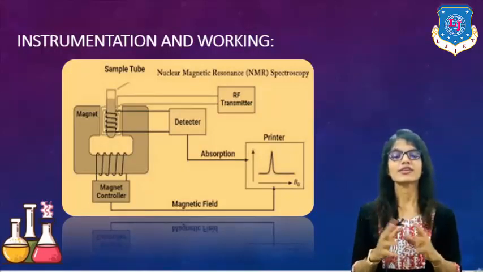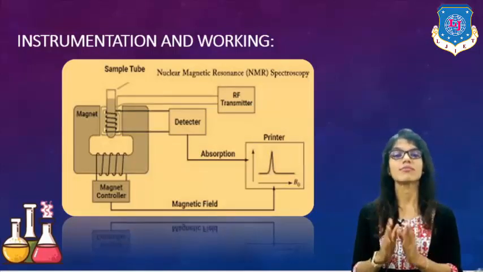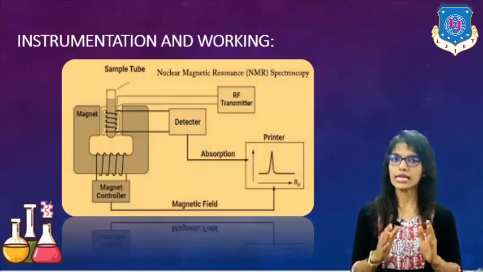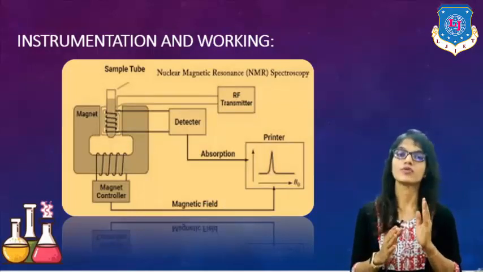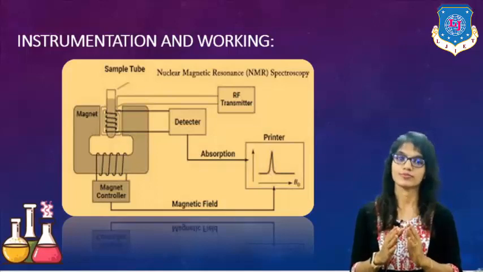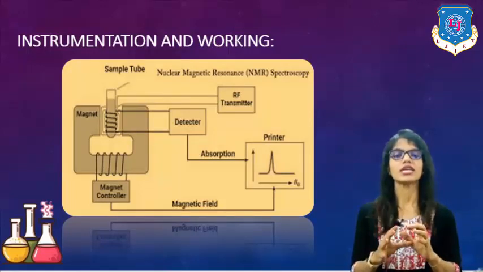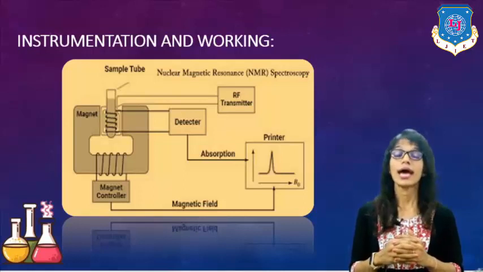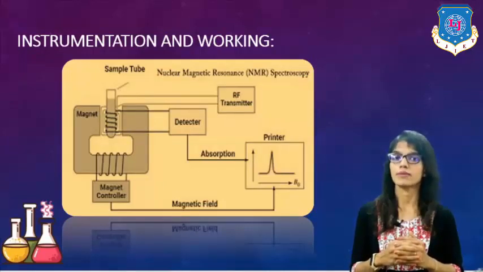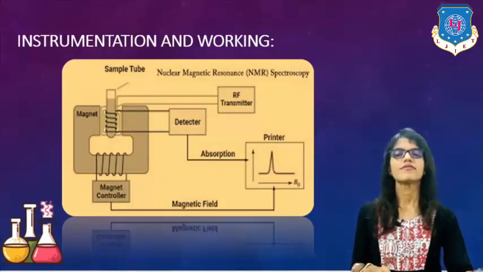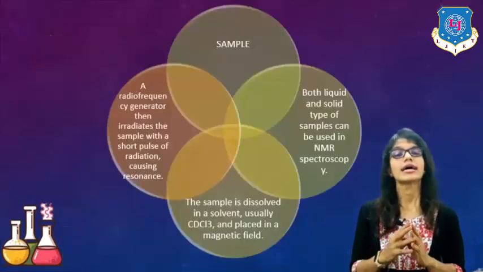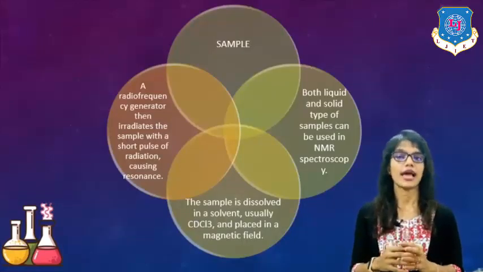So it is RF transmitter, along with that the detector is there, along with it contains magnetic controller. So we can control the magnetic field as well as we can control the radio frequency also, right? So all this finally gives us the absorption of the frequency.